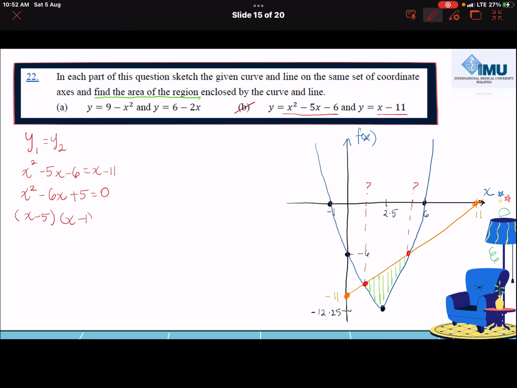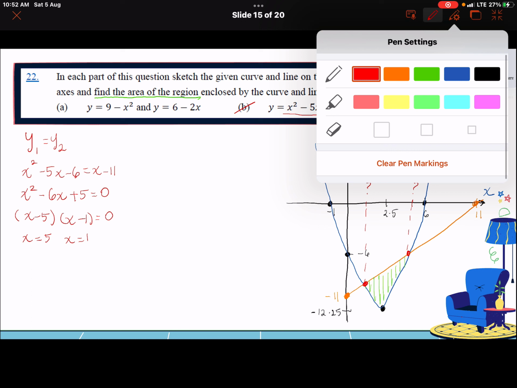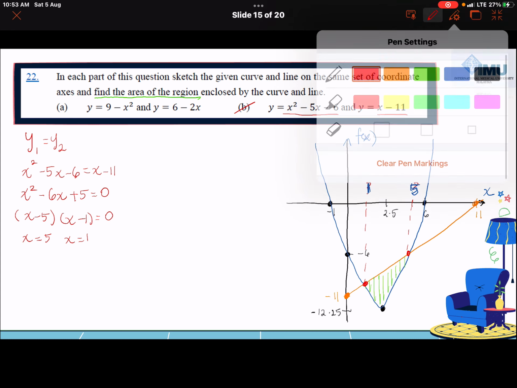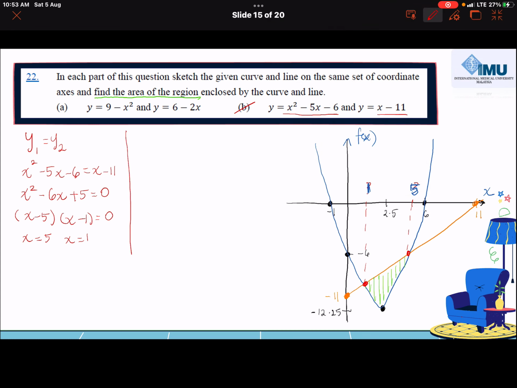Factorize your quadratic, you will obtain x equals 5 and x equals 1. Hence, the values here will be 1 and 5. Since you know the boundary, now we can find the area. How to find the area between two curves? Remember, it's just simply integration.